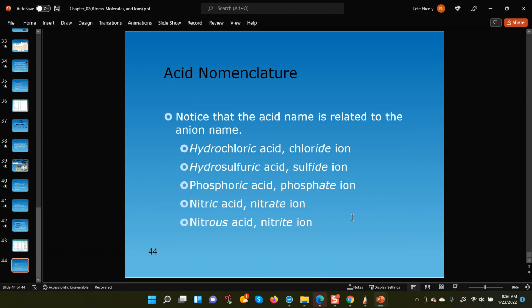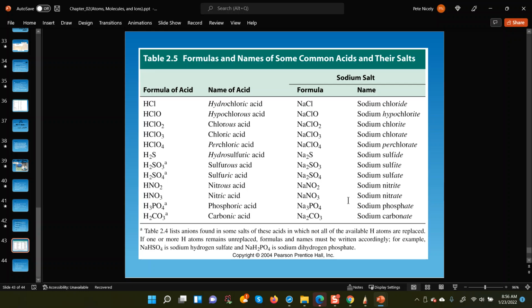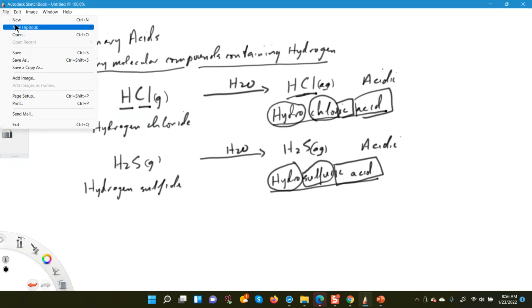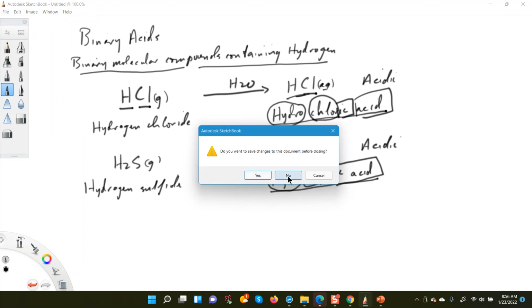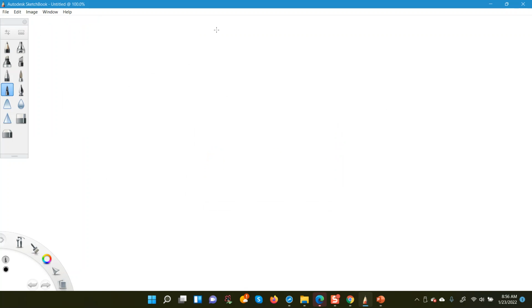In the case of oxyacids, one way of looking at naming them, let me go back to my writing software here and clean this up, is that we look at the name of the corresponding anion. So I'm going to use a couple of examples.